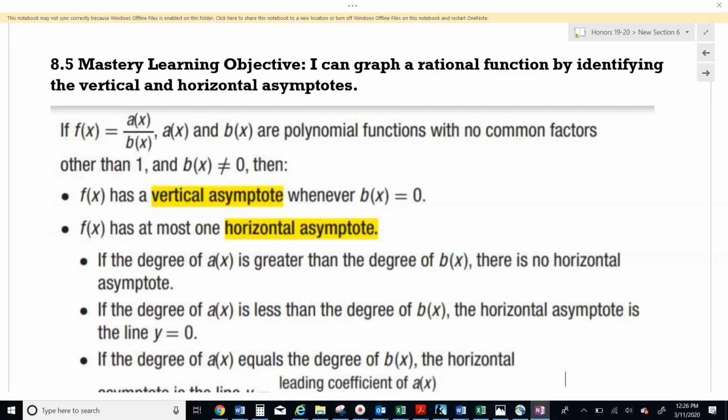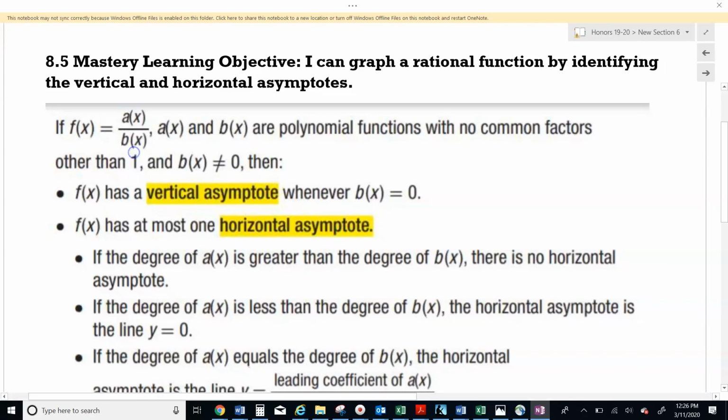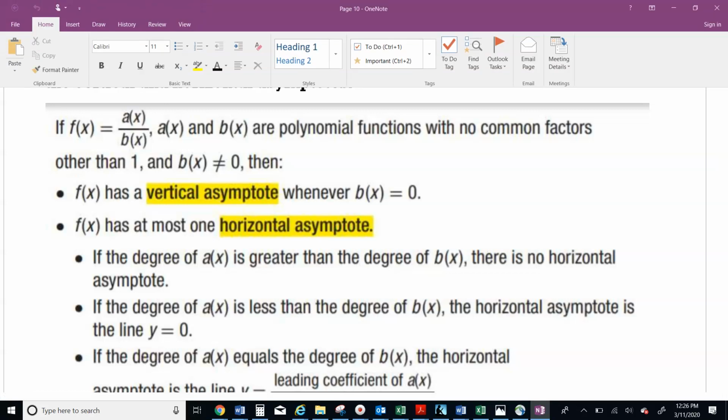Remember, we cannot divide by 0, right? If I divide by 0, I break all the rules of math. So my vertical asymptote, that big fence, is where the bottom equals 0. Okay, so this b of x is just our denominator.